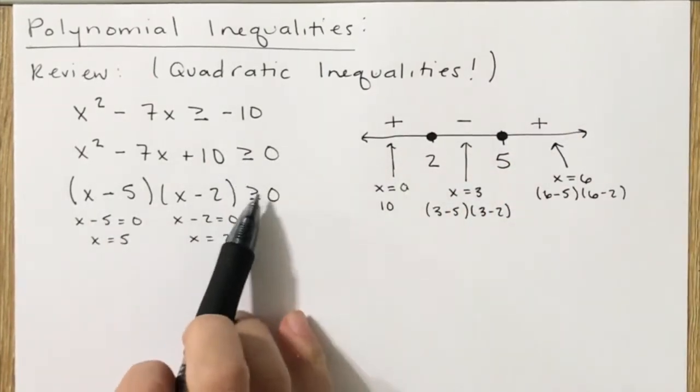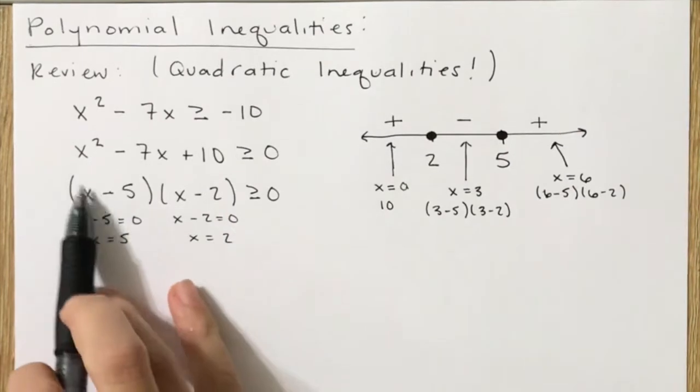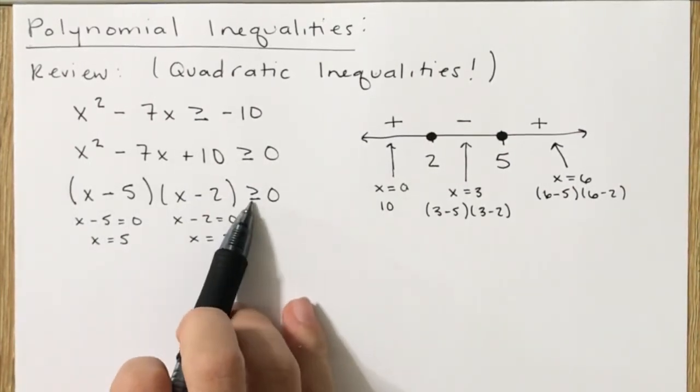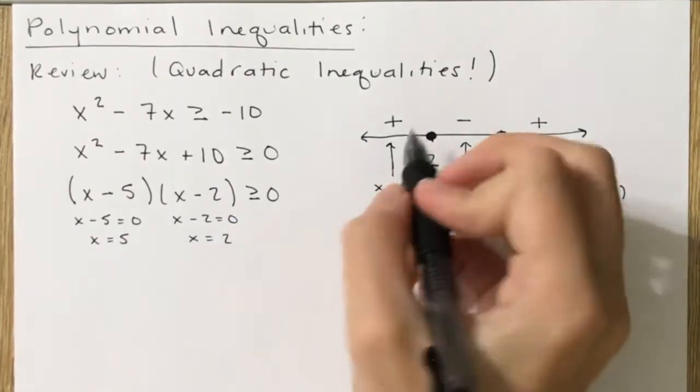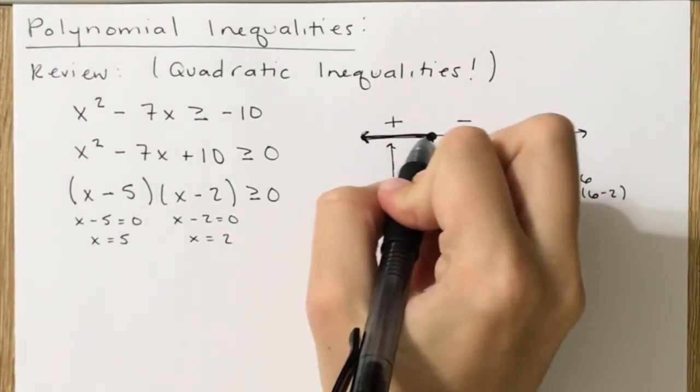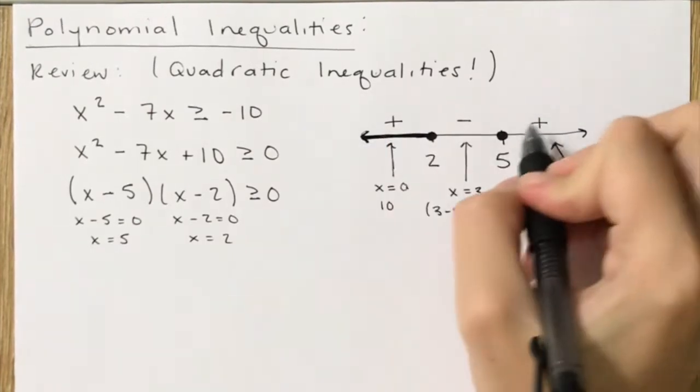Well, again, we're asking when is this function, whatever it is, right, greater than or equal to 0? Well, are positive or negative numbers greater than or equal to 0? Positive. So let's shade in those positive intervals, right? The intervals that we marked as positive.